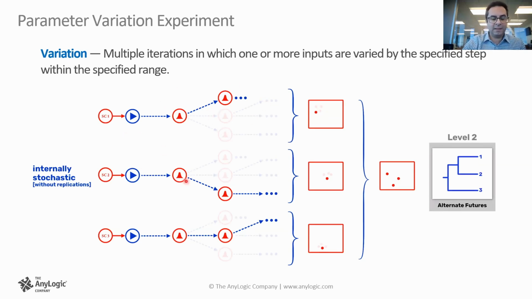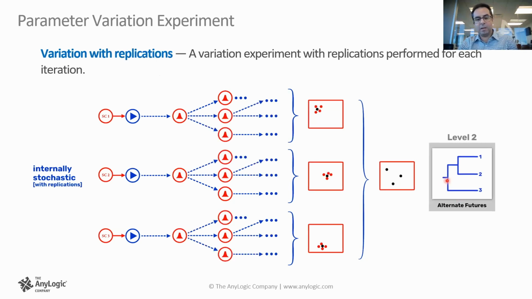So this is not complete information, but if you don't have that much variation inside each of these stochastic systems, it might be good enough, and this might be a good way to look into all the scenarios. But if you feel that this internal variation is significant, we can run a parameter variation experiment with replications.